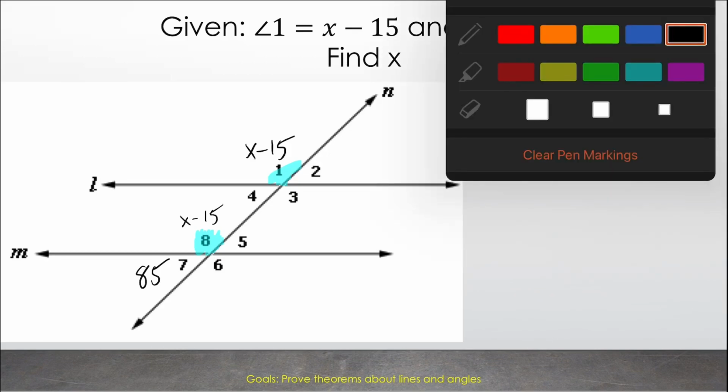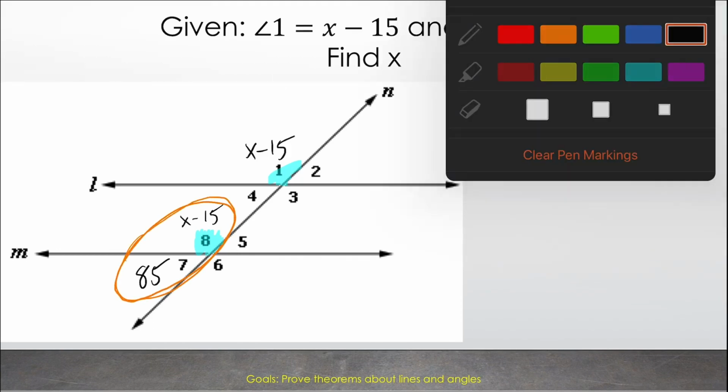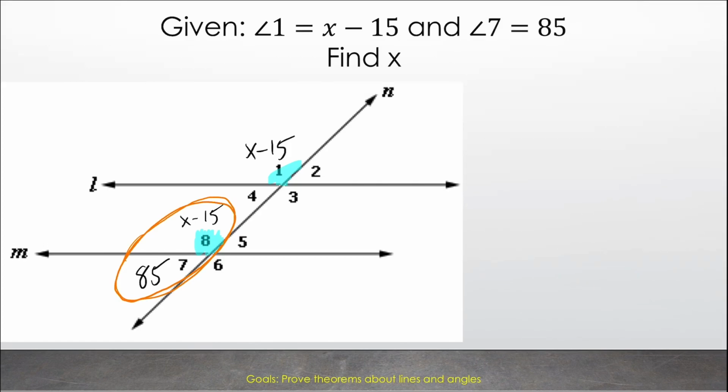Well, now I can see a relationship between these two angles. I know that those two angles have to be supplementary, or they have to add up to be 180 degrees. So what I can do is say x minus 15 plus 85 is supposed to equal 180.